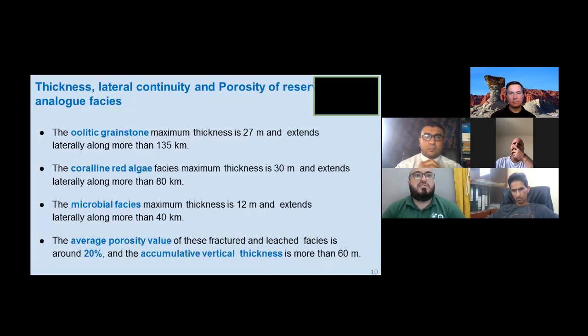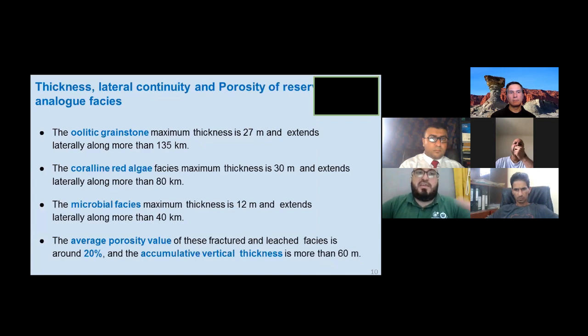Here you see thickness, lateral continuity, and porosity of each facies. For instance, oolitic grainstone has a maximum thickness of 27 meters and extends laterally 135 kilometers.